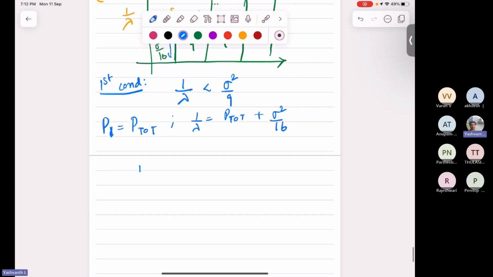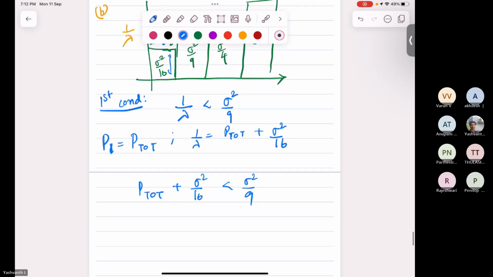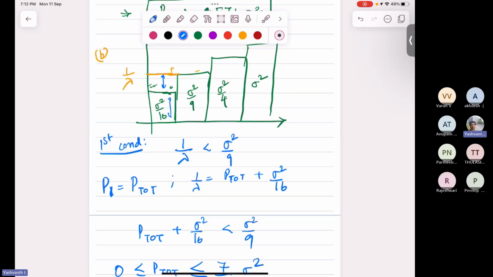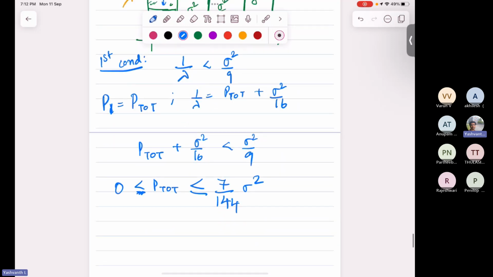That means P tot plus sigma square by 16 should be less than sigma square by 9. Correct? That means if you subtract these two quantities, you can show that P tot is bounded by this. It can also be equal to 0, but if it's 0, what does it mean? There's no power anywhere. So it should be strictly more than 0.